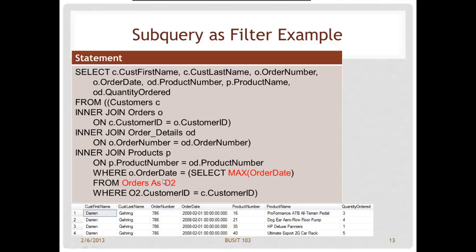So we have to name the table alias something different. So we're just going to do O2. And you can see that our results are the last order date for each customer. This just shows one person, but the results were actually considerably longer. I just couldn't fit all of them in this screenshot.